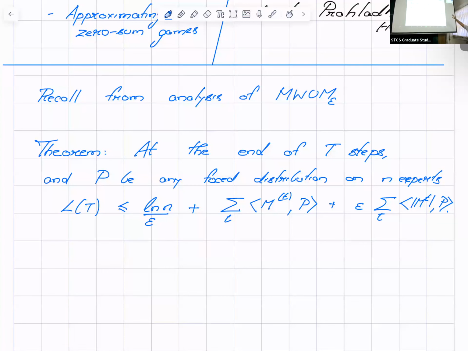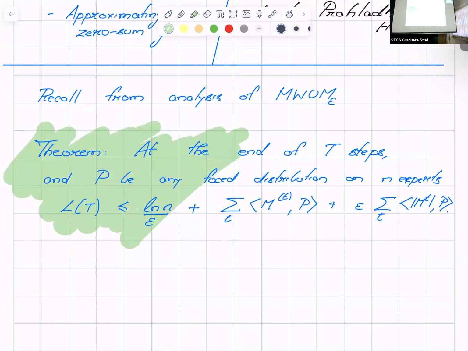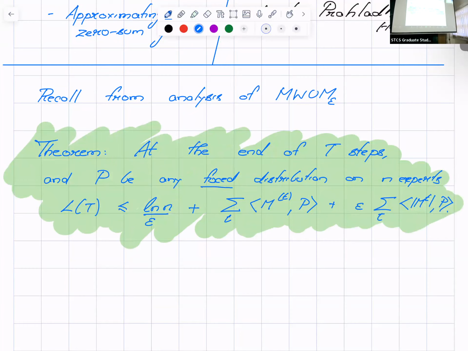That's just got by taking a convex combination of the previous result. And the key thing over here is the fact that P is fixed. P is not something that is changing; the key over here is the fixed part.